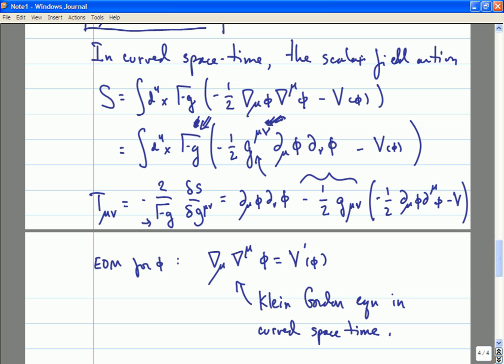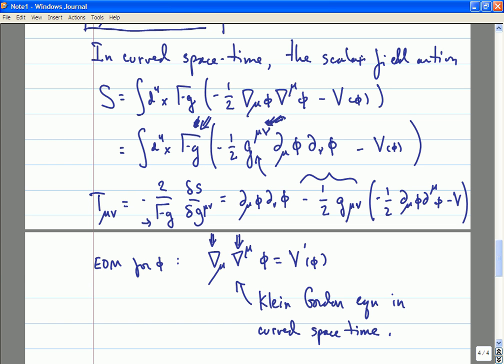I should emphasize here that I could have replaced this first covariant derivative in the Klein-Gordon equation by a partial derivative, because the covariant derivative of a scalar is the same as the partial derivative of a scalar. But I could not replace the second guy by a partial derivative, because then you're taking the derivative of a vector, which is not the same as the partial derivative of a vector.